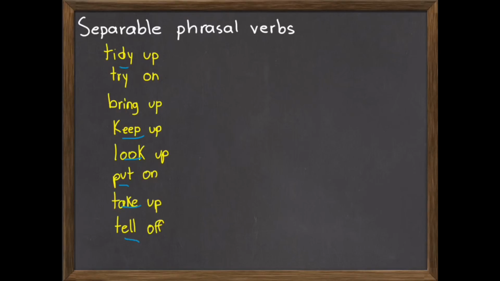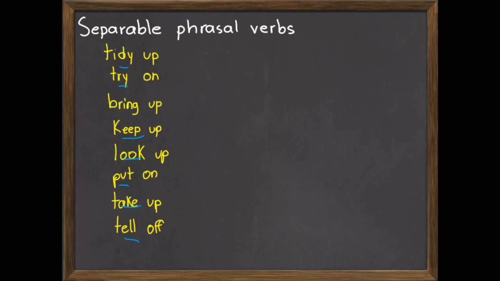Most phrasal verbs can be separated. That means that the verb and the particle can be separated by an object. These are some common separable phrasal verbs. Now, this object can be a pronoun.